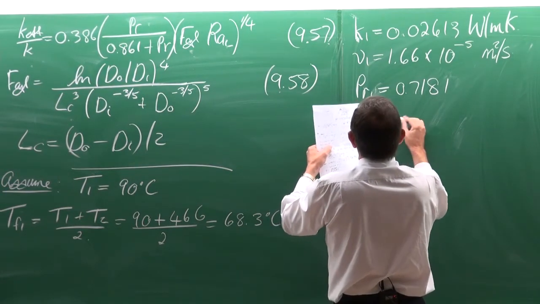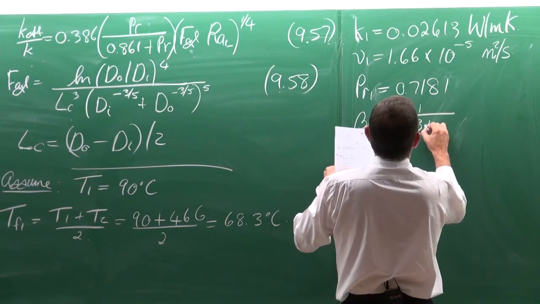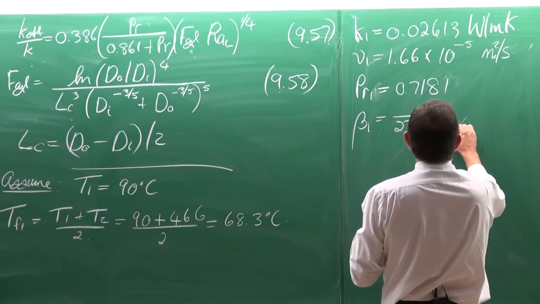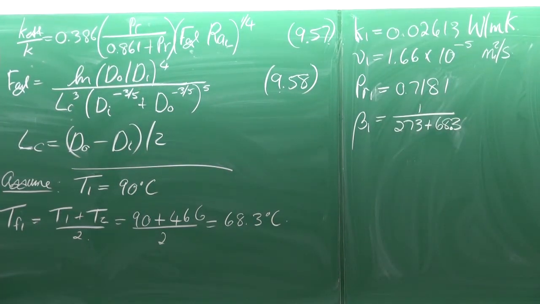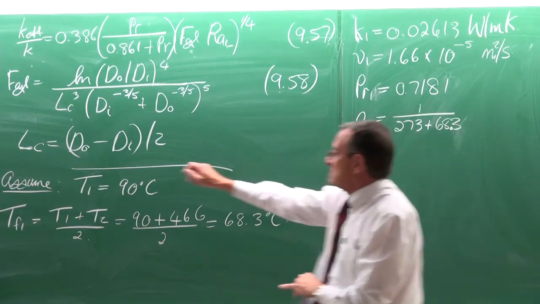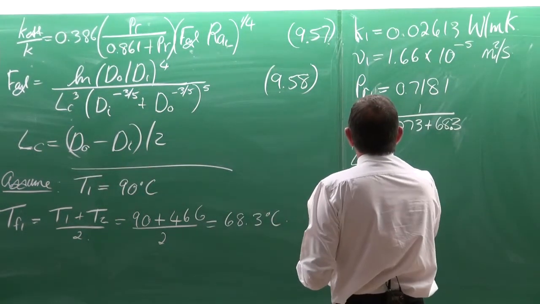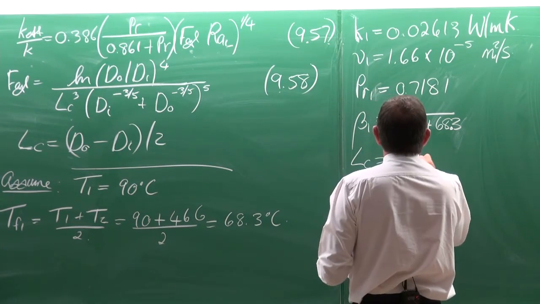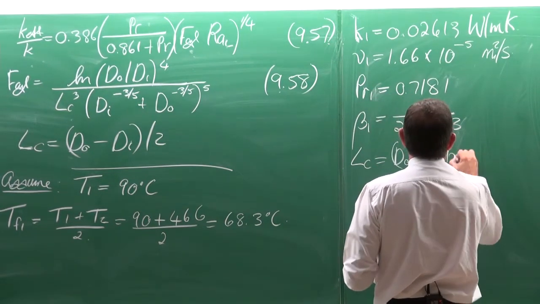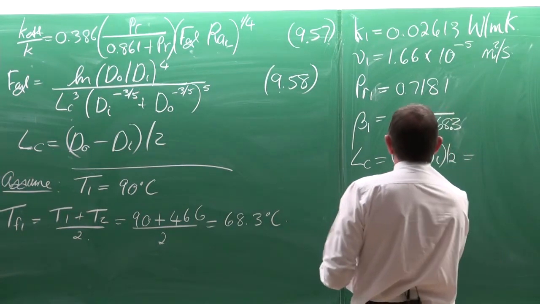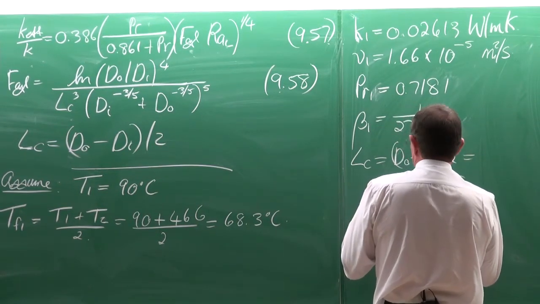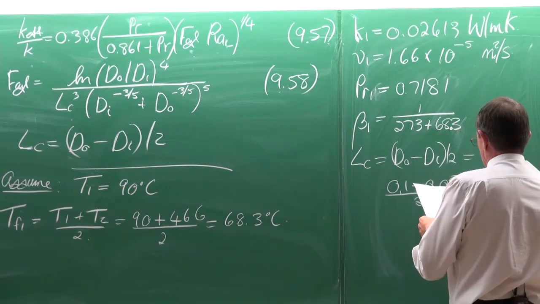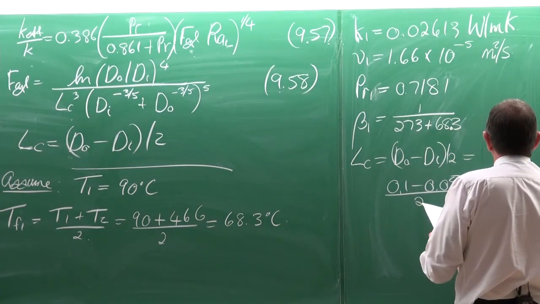Beta 1 is equal to 1 divided by 273 plus 68.3. These are all the properties, and Lc is equal to the outside diameter minus the inside diameter, divided by 2. The outside diameter is 100 millimeters, the inner diameter is 50, divided by 2, and that is equal to 0.025 meters.